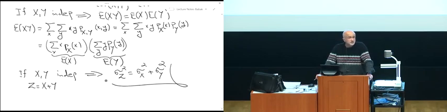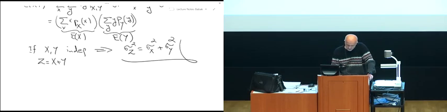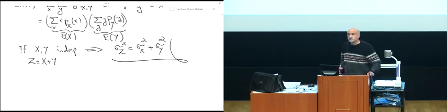With expected value, it doesn't matter whether the random variables are dependent or independent. The expected value of a sum is always the sum of the expected values. With variance, it does matter. So the moment you go to second order properties and expressions, you have to take into account the dependence and independence of random variables. All right. Any questions on what we've done so far?